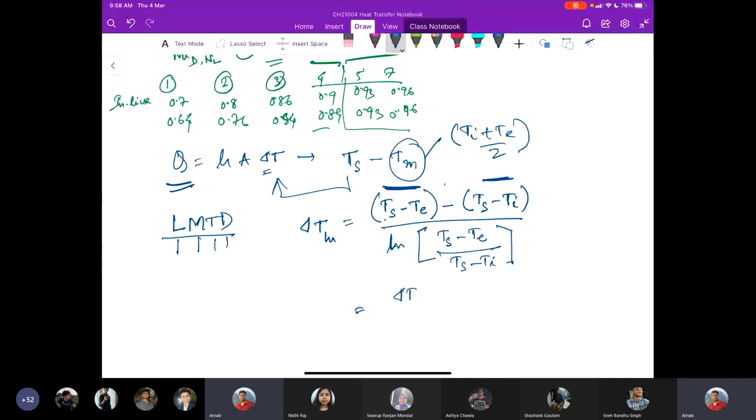That means this is the temperature difference at the inlet or at the outlet. That would depend on whether the shell side fluid temperature is higher or lower. And ln of delta T_E by delta T_I. Or one can rearrange also in this way.